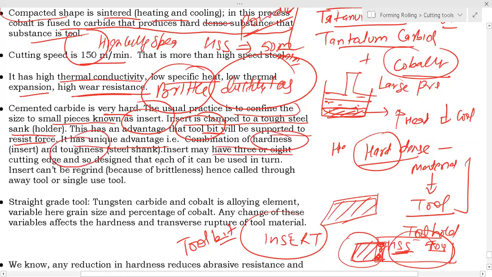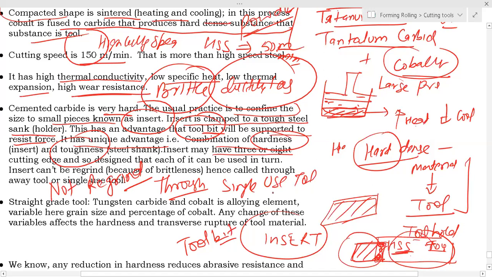An insert may have 3 to 8 cutting edges. And one more thing, it is a throwaway or single use tool. We cannot regrind it because it is brittle.